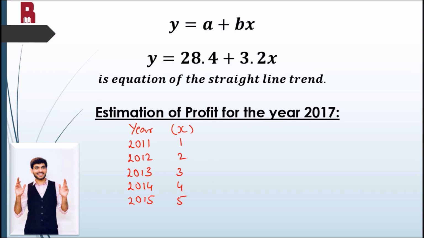But we need for the year 2017, so moving forward, 2016 would be 6 and 2017 would be 7. Therefore, we have x is equal to 7 for the year 2017.